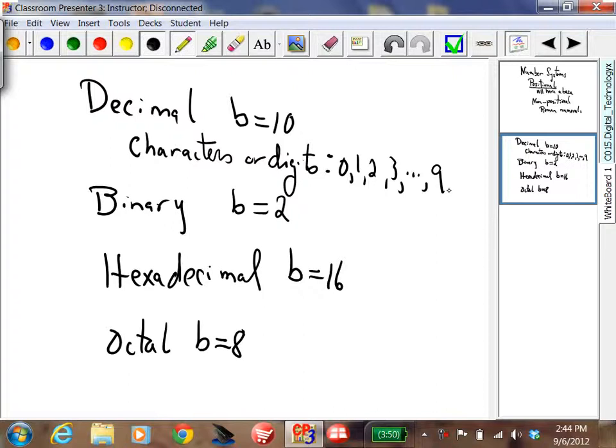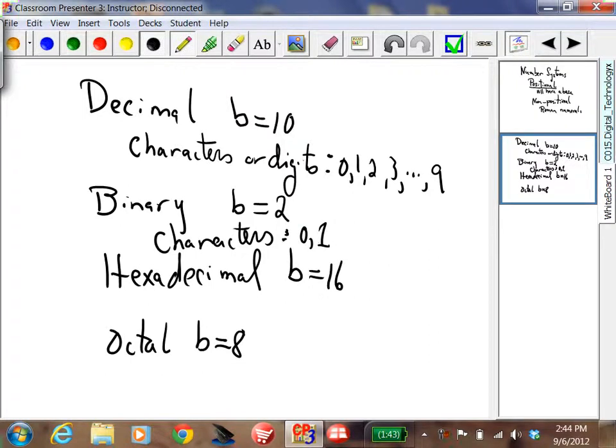So there are 10, okay? The number of characters in a number system is equal to the base, okay? So if the base is 10, you have to have 10 characters that you can write down. These 10 characters are each less than 10. They start with 0, and they go up to the base minus 1. So in binary, the characters are just 0 and 1.